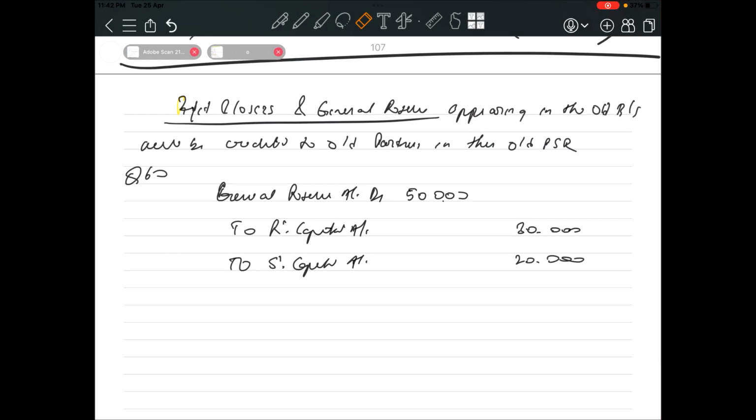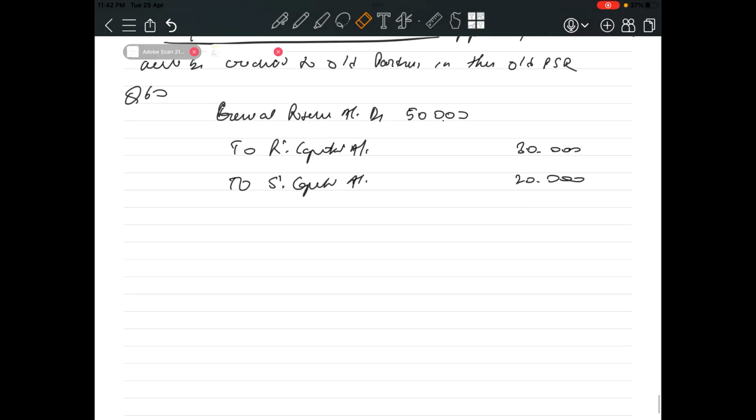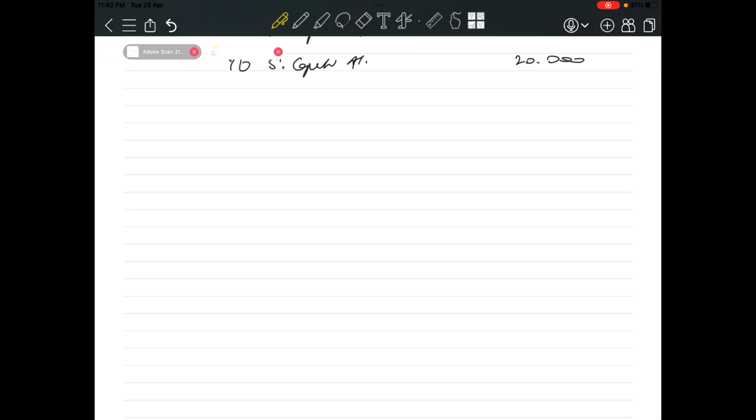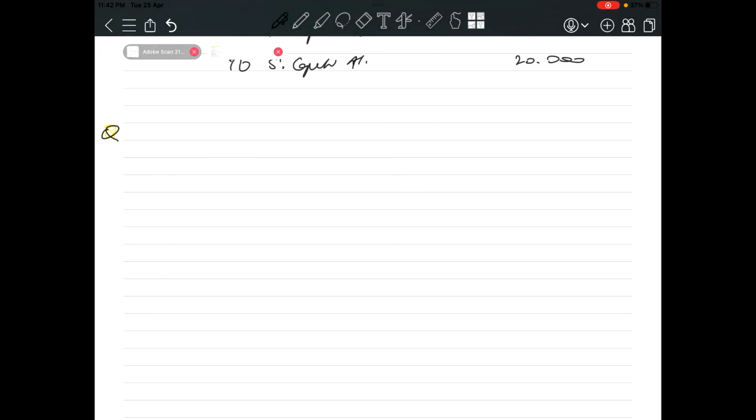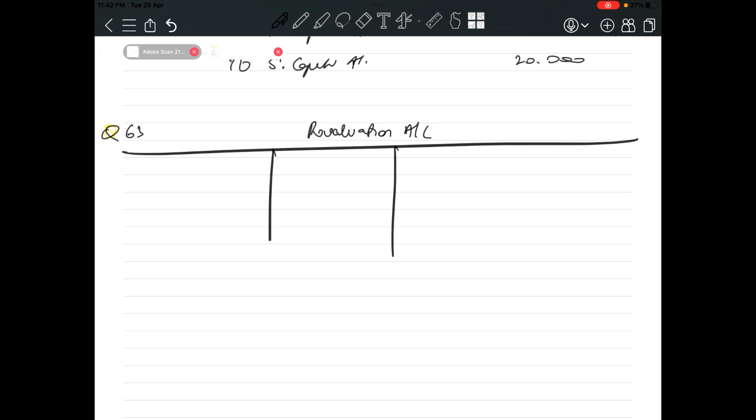We know that when a new partner is admitted, we will prepare a revaluation account. When will we prepare a revaluation account? When there is a change in profit sharing ratio, or basically when there is reconstruction of partnership, such as when a new partner is admitted.